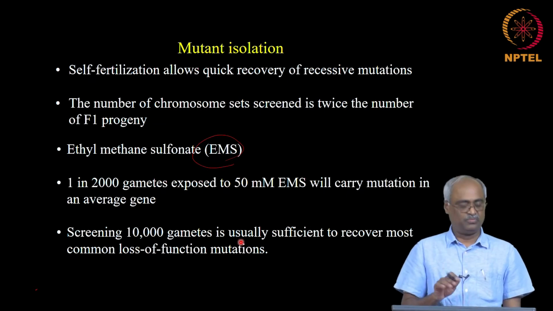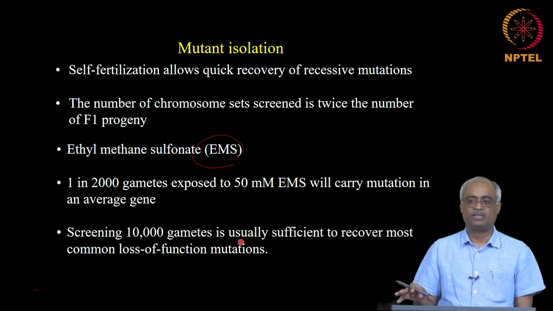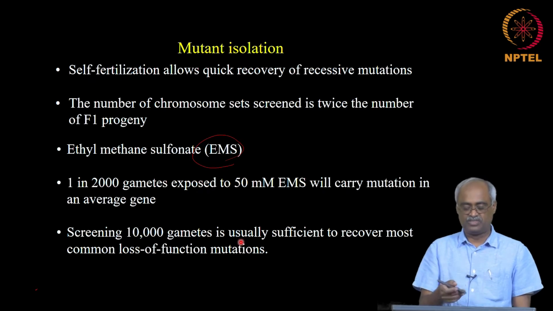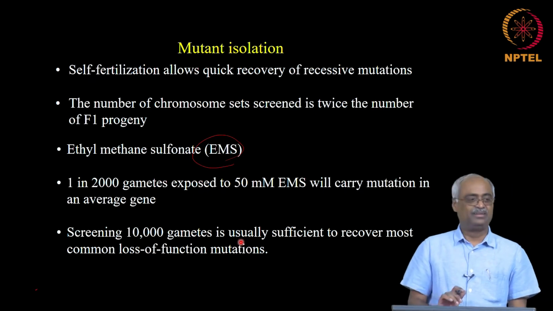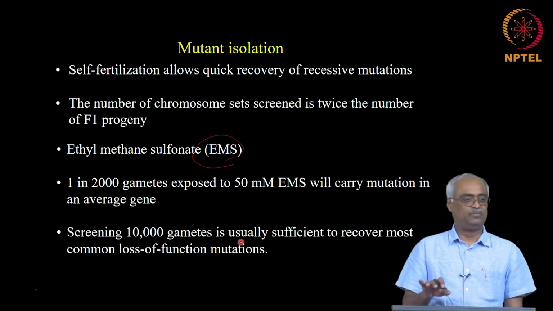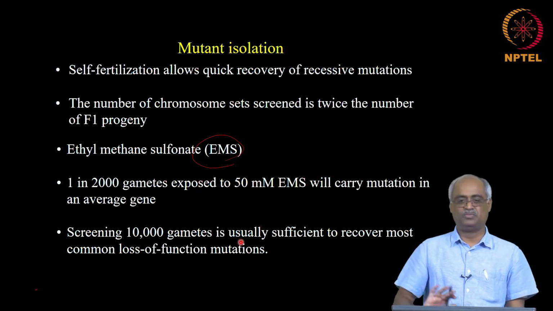Usually screening about 5,000 worms is enough to get a loss of function like lethal or sterile phenotypes. We will get into complex genetics where you need to screen like a million or more, and even then you may not get it. That is a different story. But to pluck the low hanging fruits, mutagenize and look at about 5,000 worms, that is good enough.